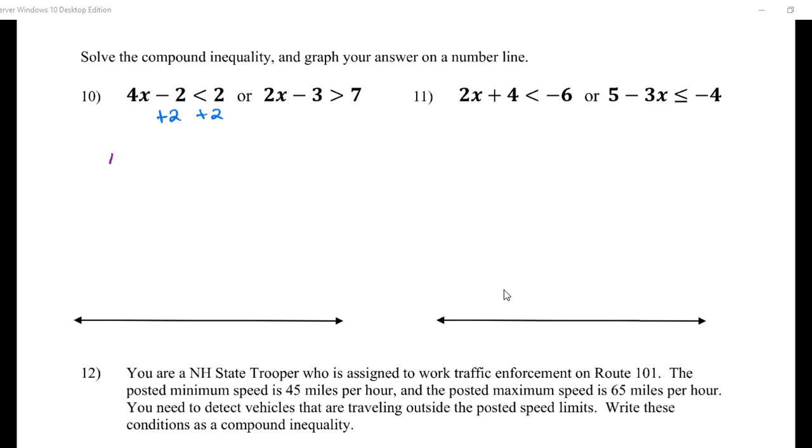So first we would add 2, and then we would divide the inequality on the left by 4. For 2x minus 3 is greater than 7, we would first add 3. And then we would divide both sides by 2.